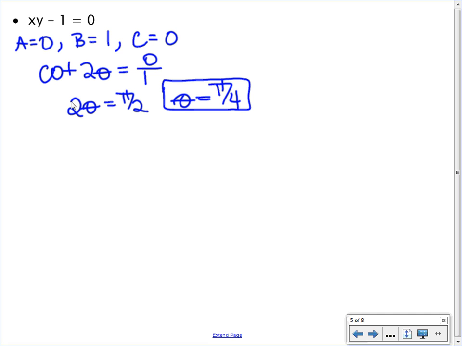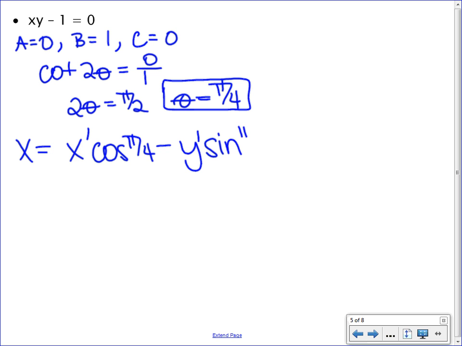Okay. Then we're going to say x is x prime times the cosine of theta minus y prime times the sine of theta. Okay. What is the cosine of pi over 4? It's been a while. What's the sine of pi over 4?